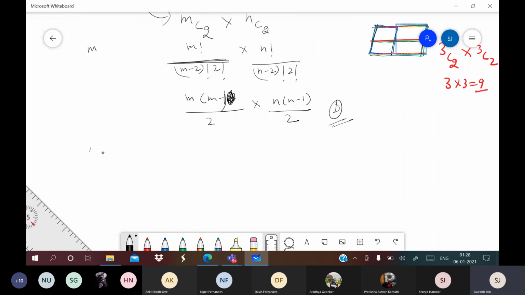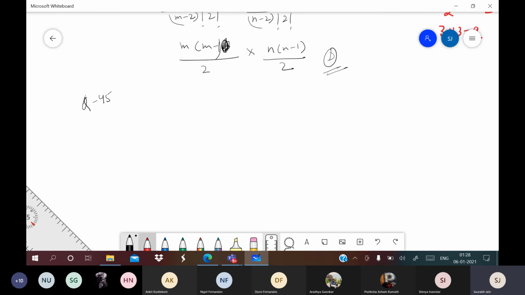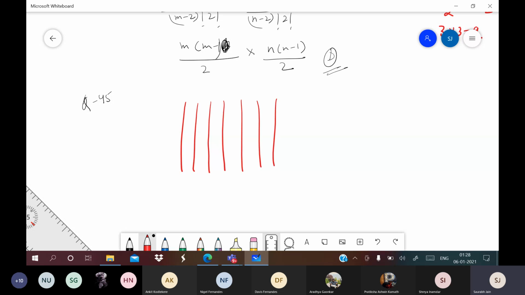Then question number 45. This is about the number of squares. See, for the number of squares in a chessboard, we will have to recognize a pattern first. So in a chessboard, there are 9 vertical lines and 9 horizontal lines.